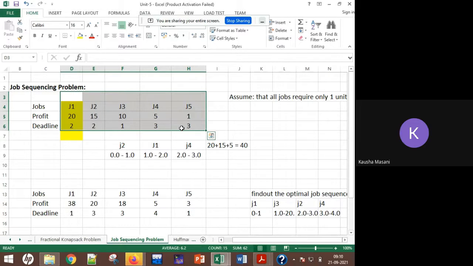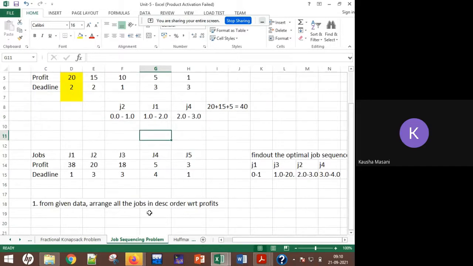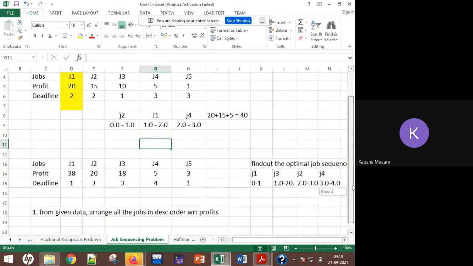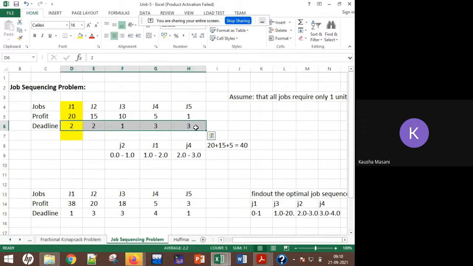Now, after that, what you will do? You will find out which one has the maximum deadline. Can you see which job has the maximum deadline here? J4 and J5 have 3 units.